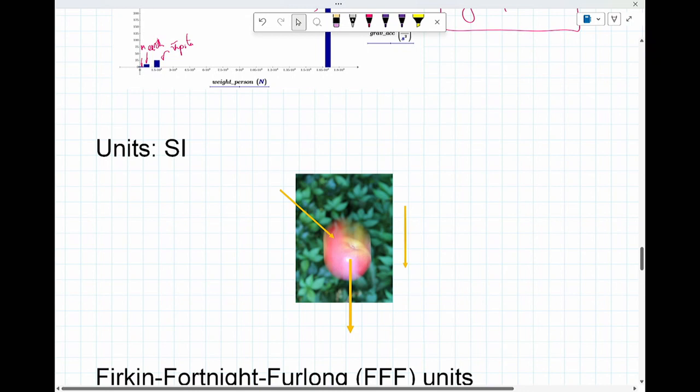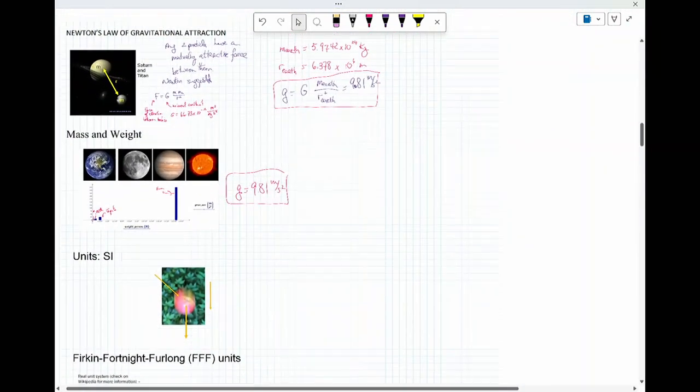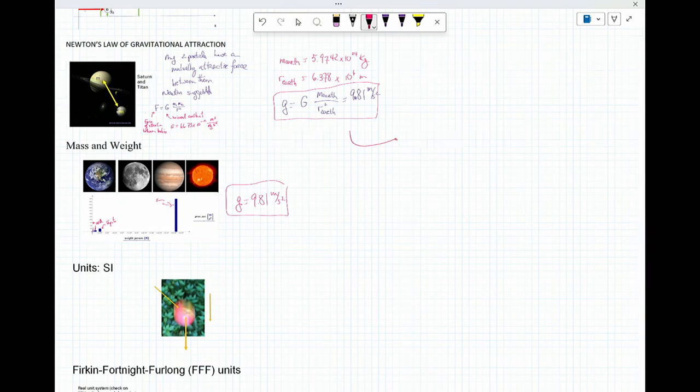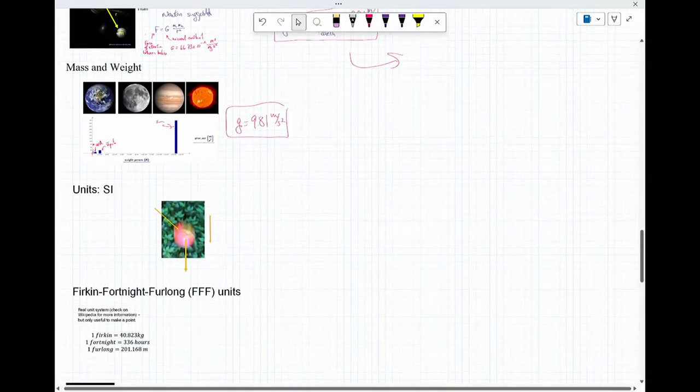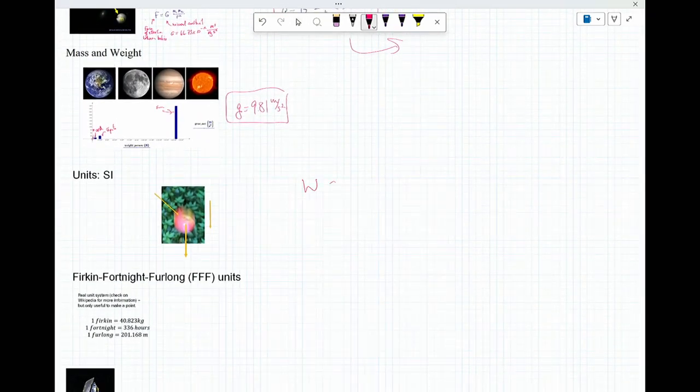So, go ahead. When you calculated lowercase g, why did you only use the one mass? Because eventually I want to use this and say, weight equals mg, right? So this is the second mass. If I have that second mass, then I complete that equation.